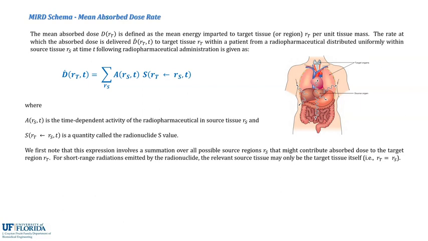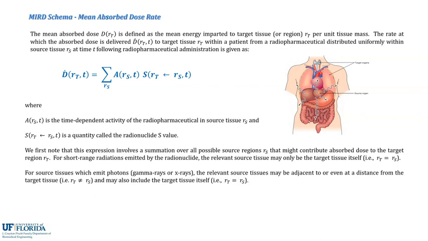For very short-range radiations, the relevant source region may only be the target region itself. For source regions that emit photons, gamma rays or X-rays, or potentially bremsstrahlung photons coming from emitted beta particles, the relevant source region may be adjacent to or even distant from the target, and may also include the target itself.